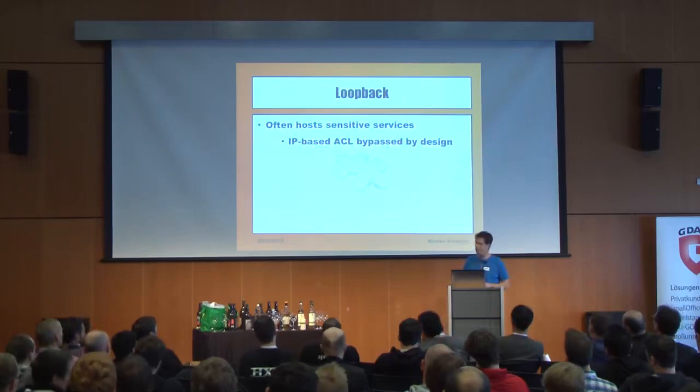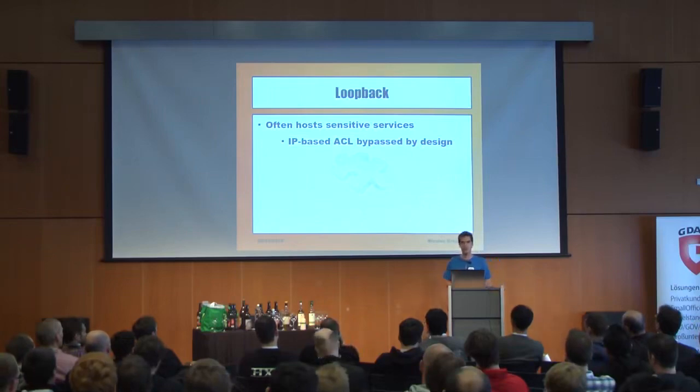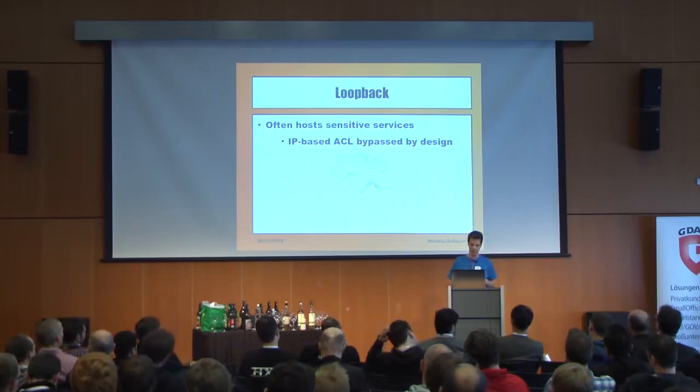It often hosts sensitive services, and by default, any IP-based ACL is bypassed. For example, if you are using a .NET web application, you can reach through loopback trace.axd, and you can access the debug information of your .NET application, including CSRF tokens, maybe.